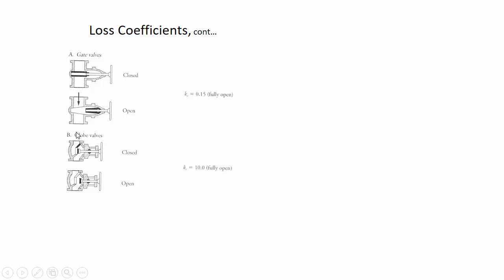So if you open up the globe valve and the water is having to flow through, then it's changing directions 180 degrees, well, I guess 90 degrees once, 90 degrees a second time before it flows back out. And so that's why the K value, even for a large diameter globe valve that's all the way open, is going to be 10 in comparison to a loss coefficient of 0.15 for a gate valve.